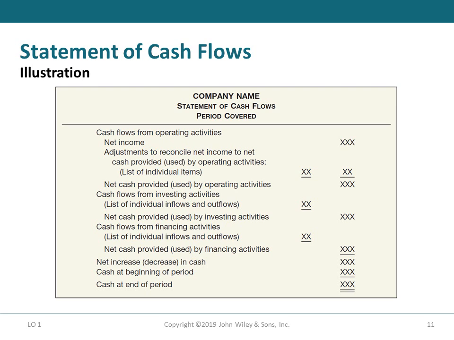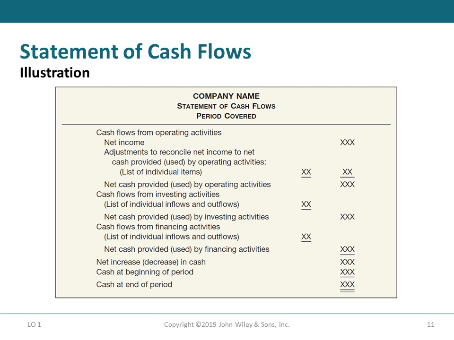As we see here, we start with net income. But this net income is prepared according to accrual basis, which is subject to criticism by users. So we have to reconcile it, to adjust it to cash basis in the operating section.